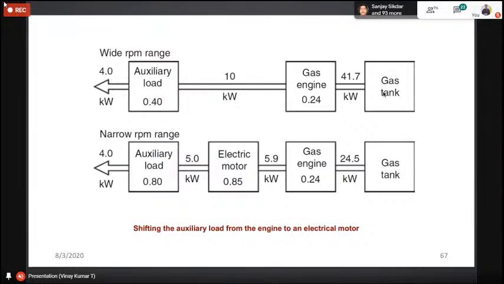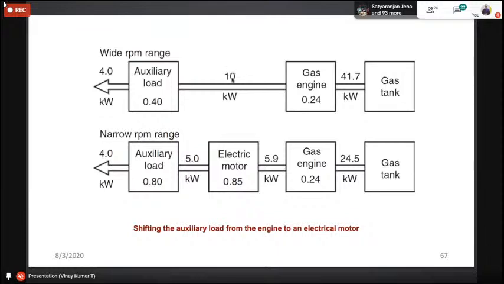This is the petrol tank. From the petrol tank, if you take IC engine, it will extract 41.7 kilowatt power, right? The efficiency of the IC engine is only 24%, right? Let us take the calculation.